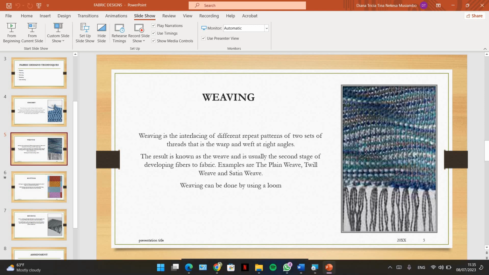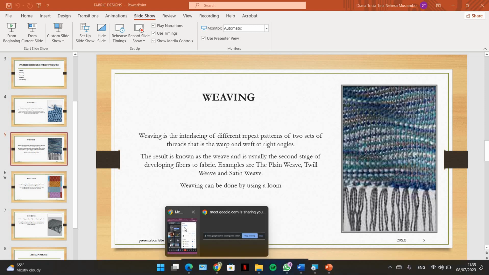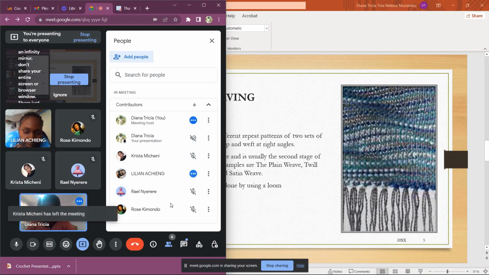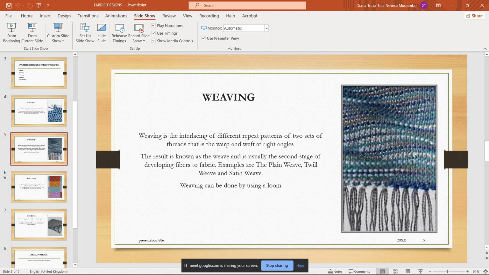Weaving. Is Ryle present? Can you please read for me on weaving? What does weaving mean? Weaving is the interlacing of different repeat patterns of 2 sets of threads, the warp and weft, at right angle.